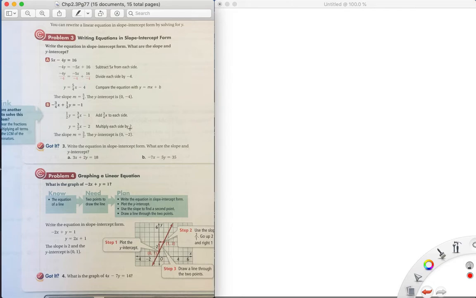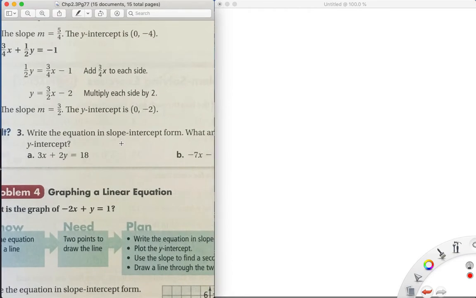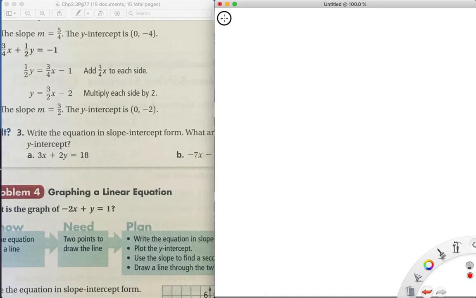So, writing equations in slope-intercept form. This is 3a. I'm just going to go right to it. They give me this equation, 3x plus 2y equals 18.